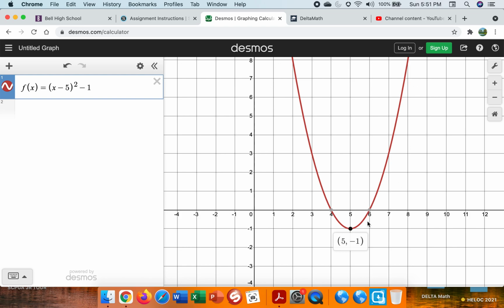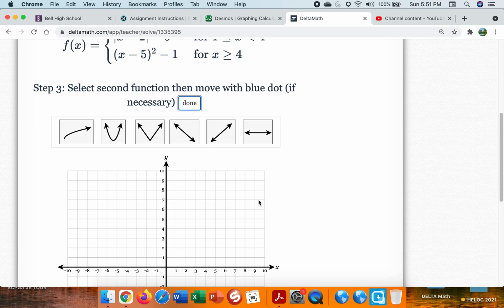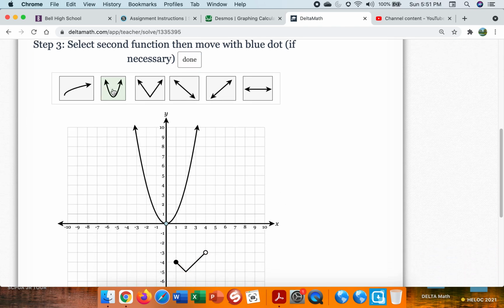So we're going to select the U-shaped graph and move it to 5, negative 1. And let it go.